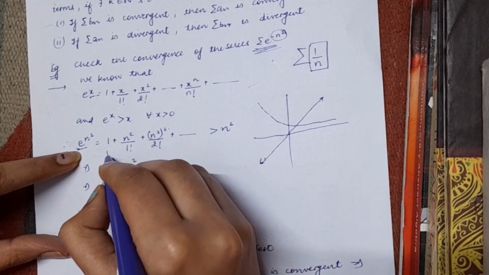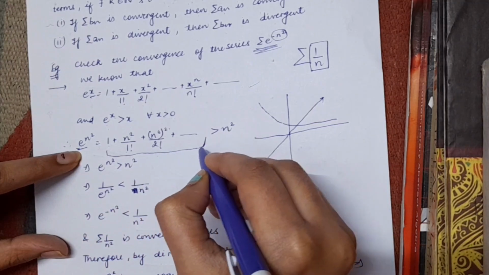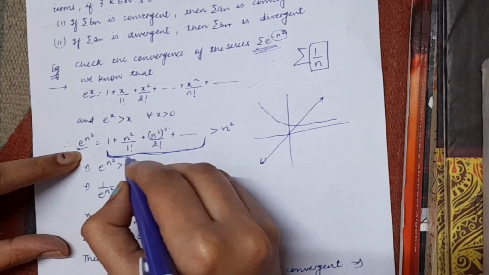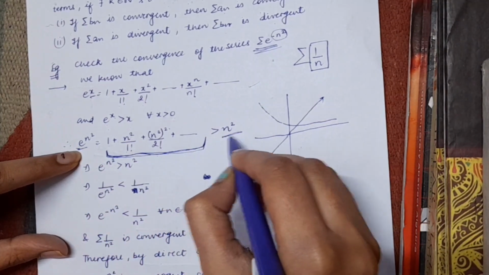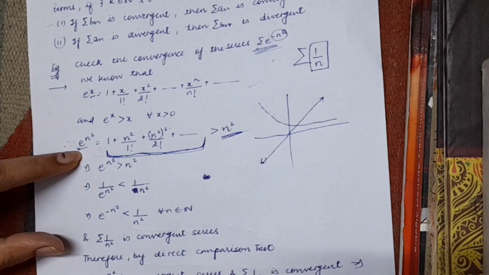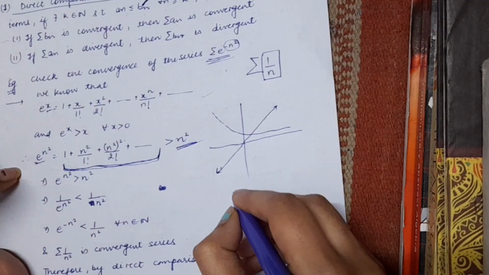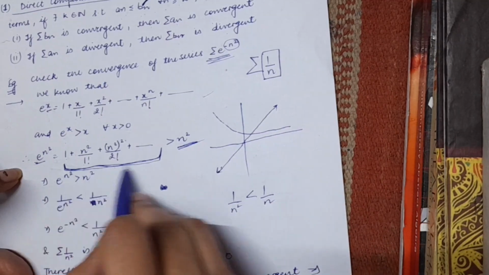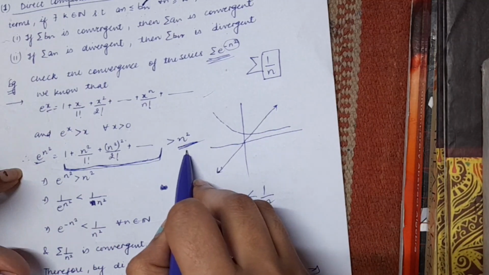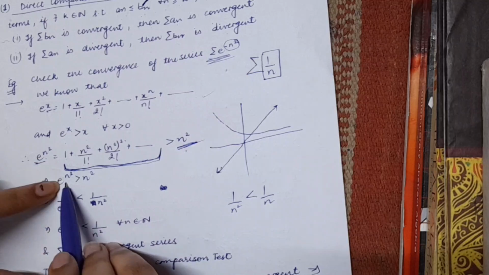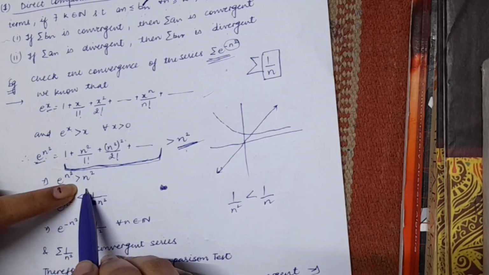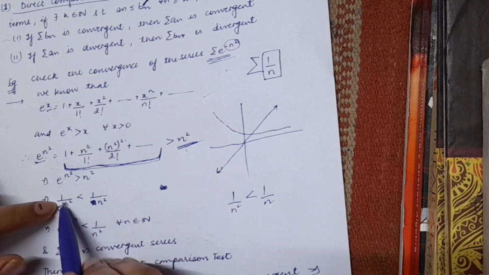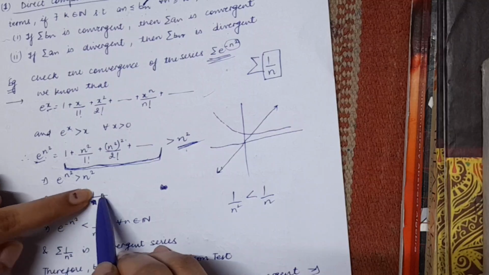We know this series expansion of e to the power n square is always greater than n square, just as 1/n square is always less than 1/n. So e to the power n square is greater than n square, so 1 divided by e to the power n square is less than 1/n square.